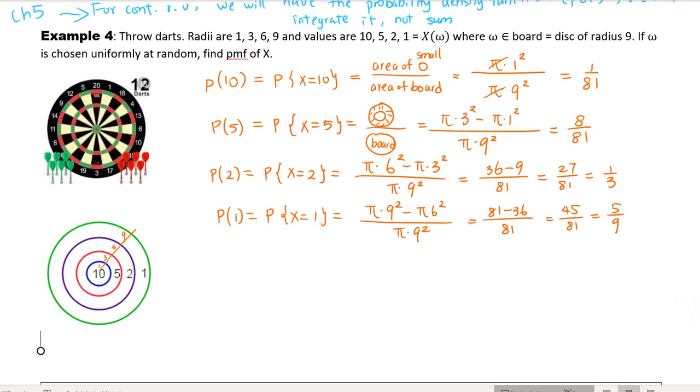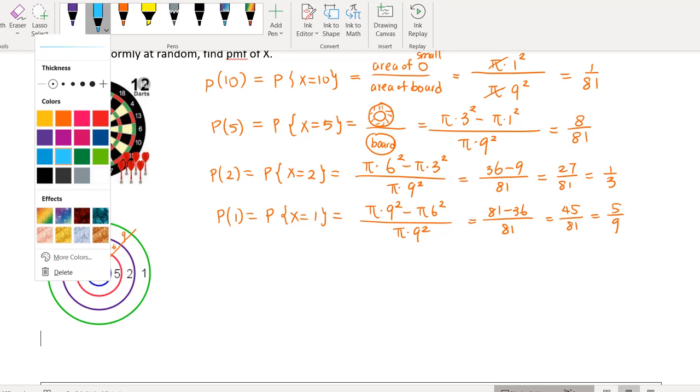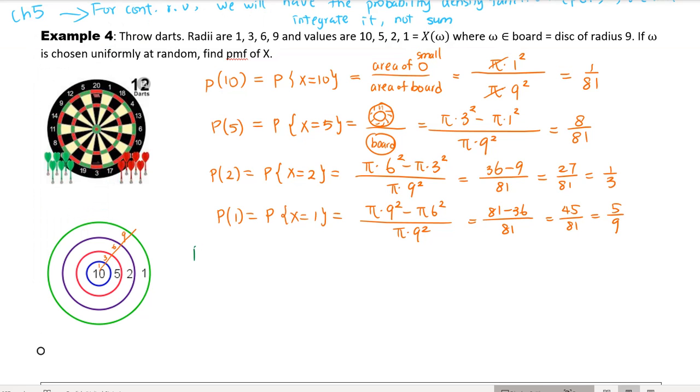Okay, so let's see. If I ask you more questions, what is the probability X is in the interval 1.7 to 6? Well, look at the range, 1, 2, 5, 10.